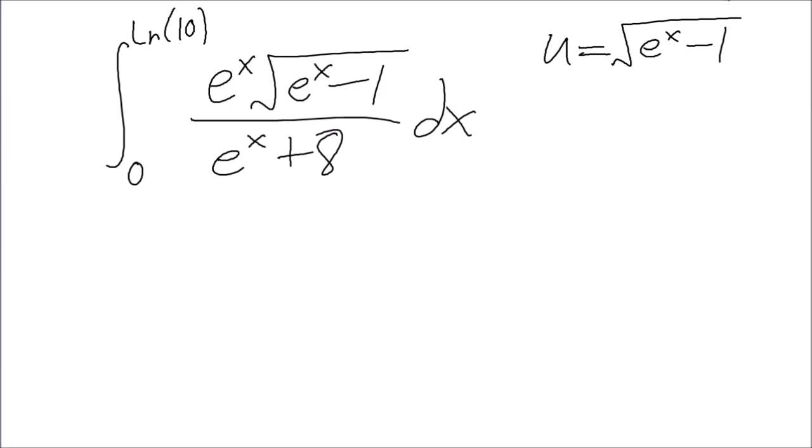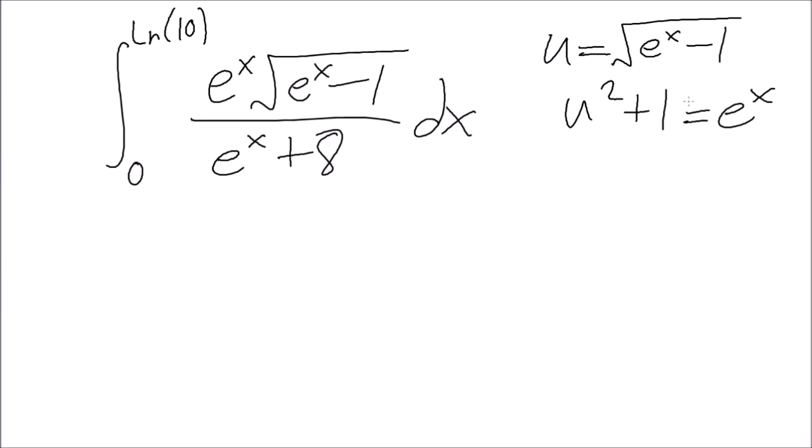So let's bring in the square root. I love bringing in the square root whenever we're doing a forced u sub here. So let's go ahead and force a u sub. This will become u squared plus 1 equal e to the x, right?